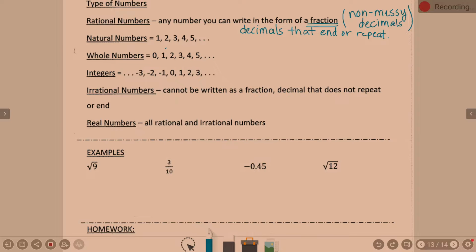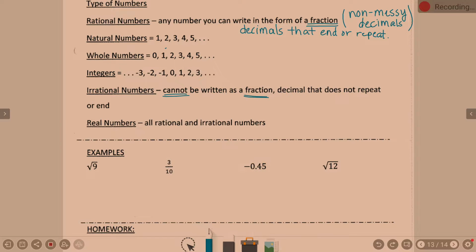And then irrational numbers. Stay with me in notes right now, please. Irrational numbers are numbers that, notice what it says, cannot be written as a fraction.